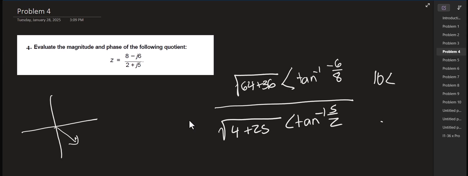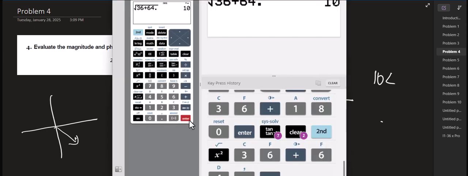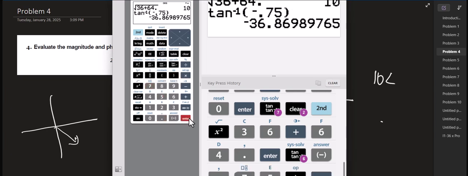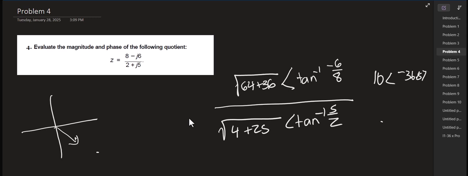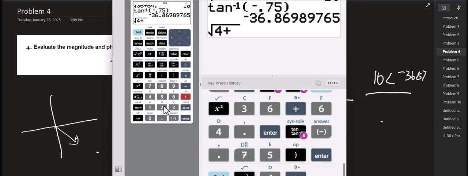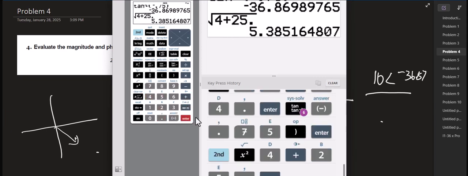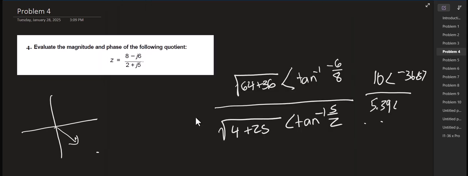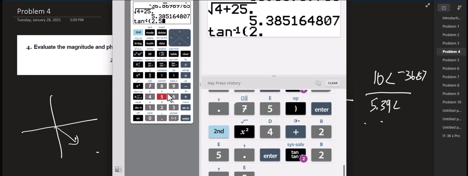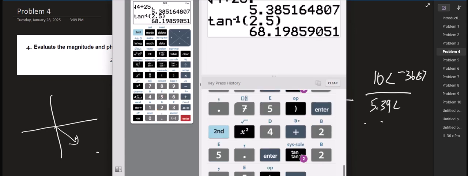Angle inverse tangent of negative 3/4, inverse tangent of negative 0.75 is negative 36.87, over square root of 4 plus 25, which is 5.39. Angle inverse tangent of 5/2 is 68.2.